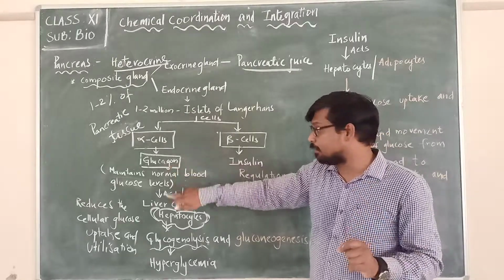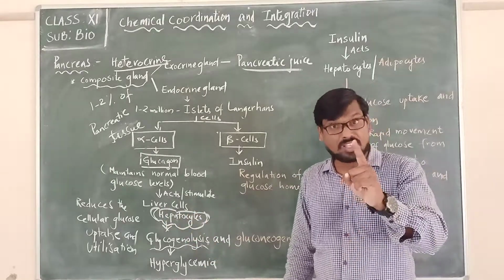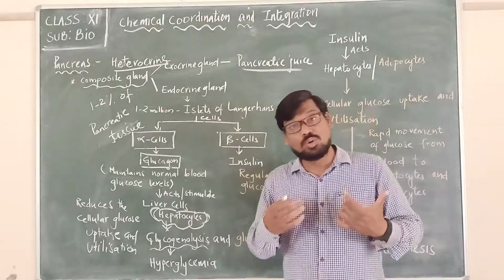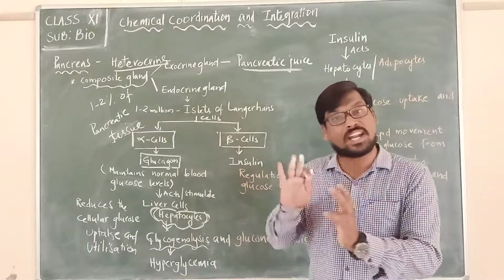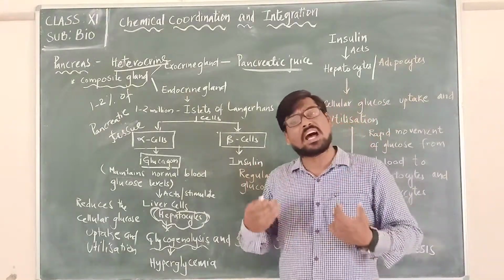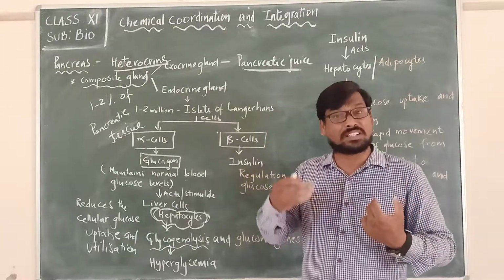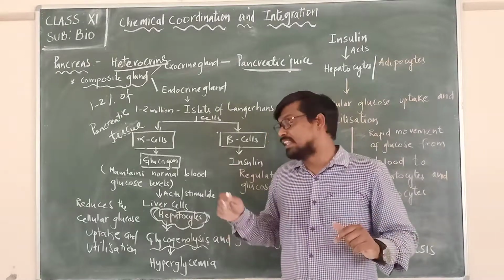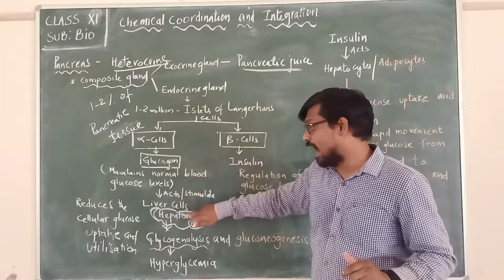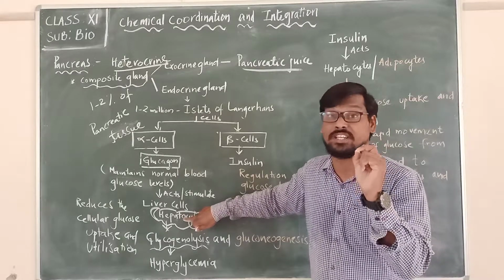This process takes place in the liver cells called hepatocytes, because in the liver, glucose is converted into an insoluble product called glycogen and stored. So whenever our body is starving for glucose, when there is less glucose, glucagon acts upon the hepatocytes, which are rich in insoluble glycogen.